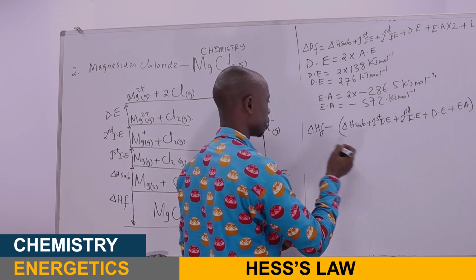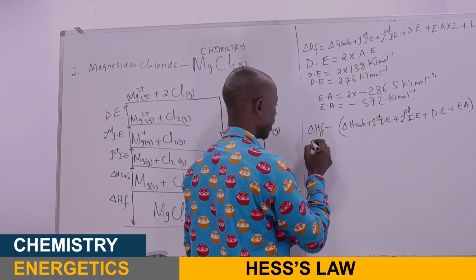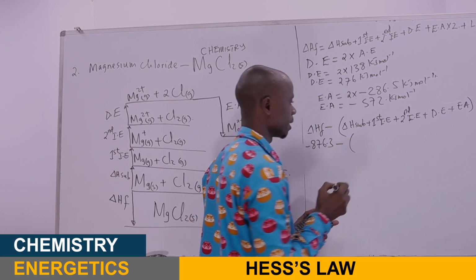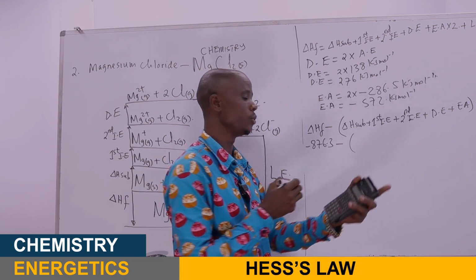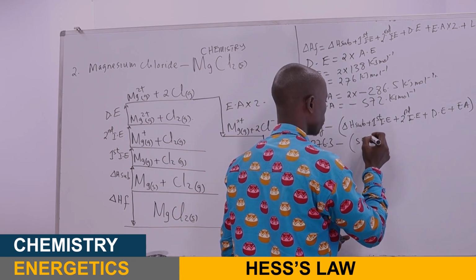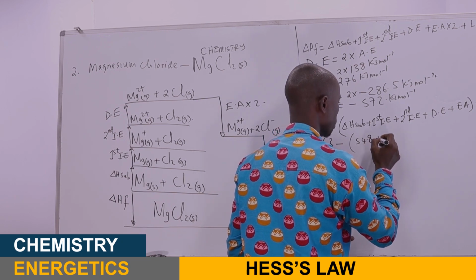The enthalpy of formation is negative 876.3 minus, in bracket, sublimation energy, you are given there, positive 54.8 kilojoules per mole.